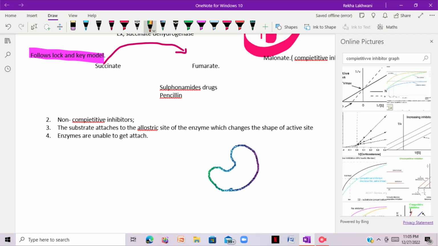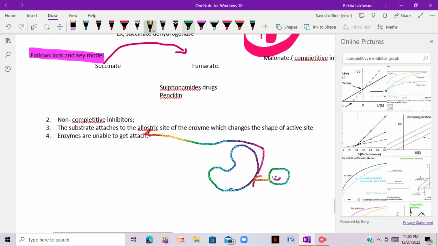A site other than the active site is known as an allosteric site. So when the substrate has a size like this, it will be easily attached, complementary to the shape or size of the enzyme.